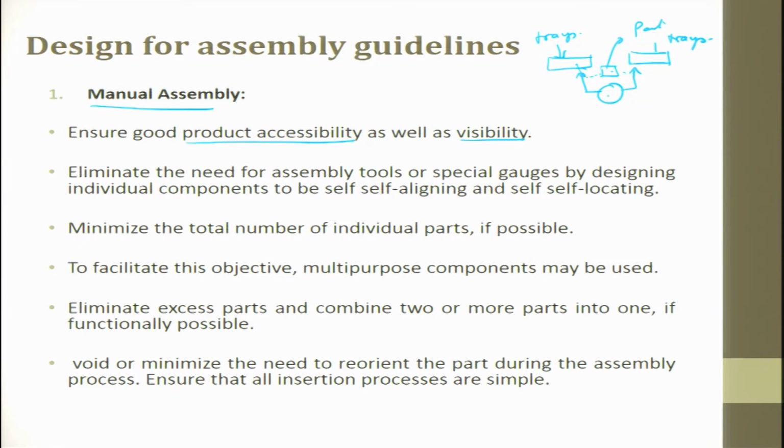And the second thing is the product should be placed in a tray or a container where it is clearly distinct. For example, they use a container which is yellow in color and the parts are black in color. So, this is a contrast difference, or they have a red tray, in which they put the black parts. So, the parts are visible, and it is also accessible.